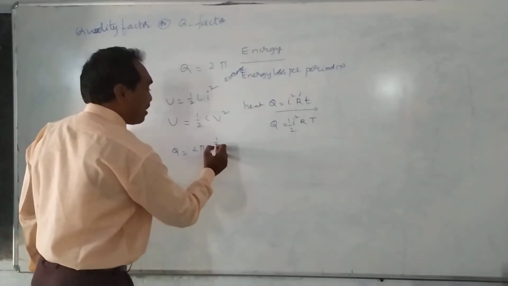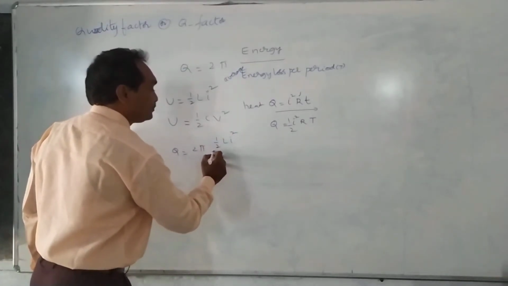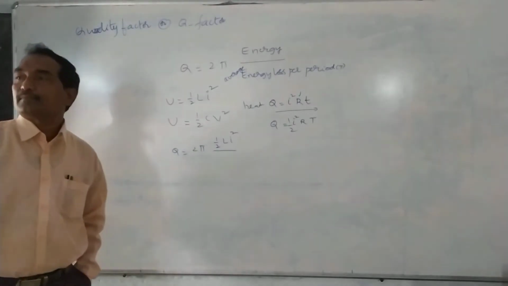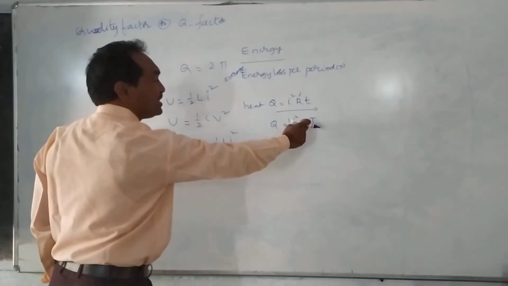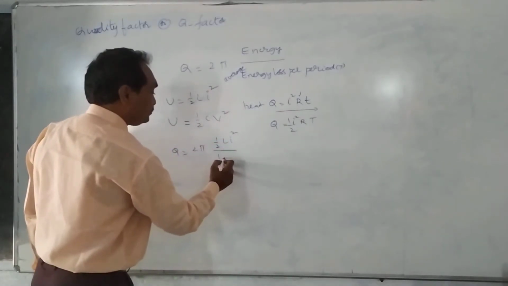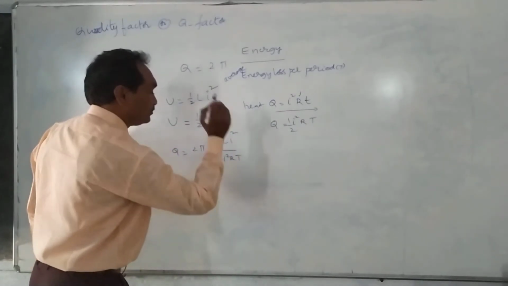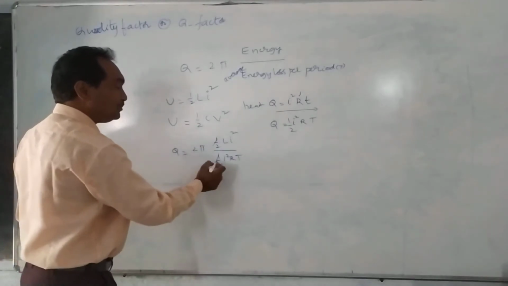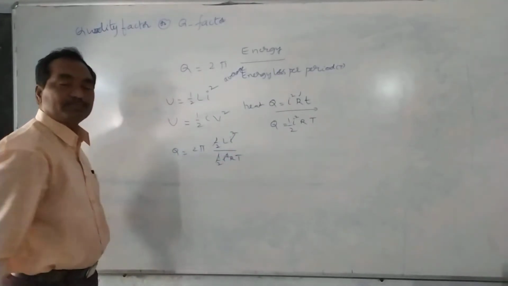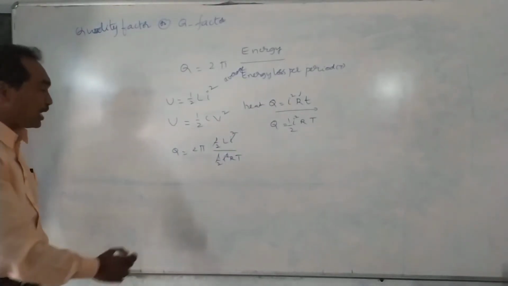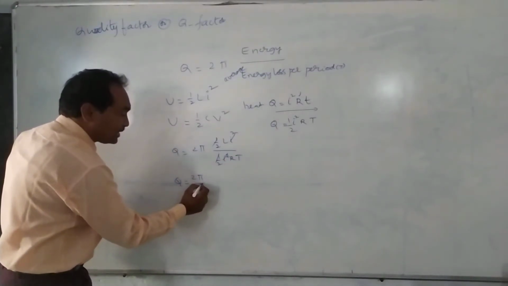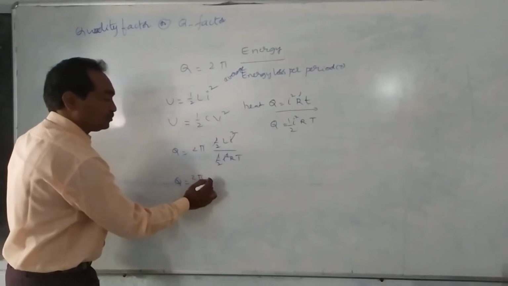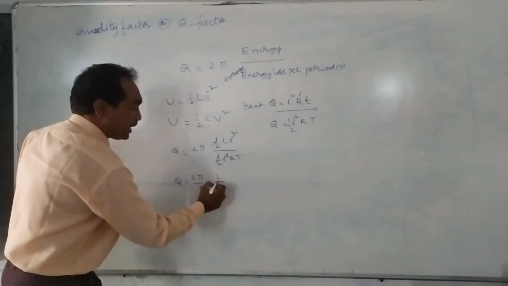When we write half L i square by the average energy lost per period, which is half I square R T, the half cancels and I square cancels. So the quality factor Q is equal to 2 pi by capital T into L by R.